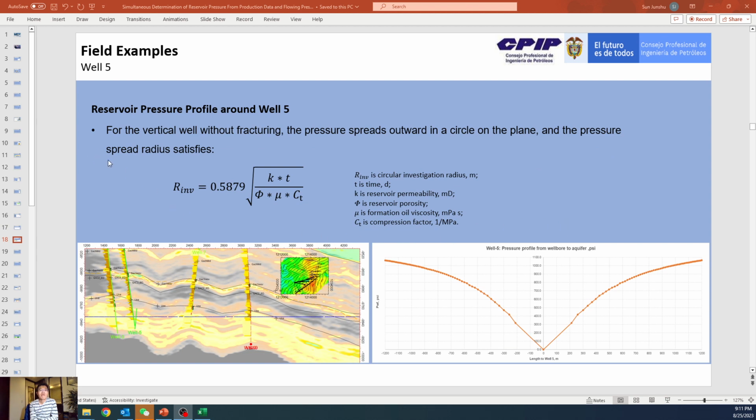For a vertical well without fracturing, the pressure spreads afterward in a circle on the plane, and the pressure spread radius satisfies this equation. So in this pressure buildup, we recorded the time and the pressure at each time.